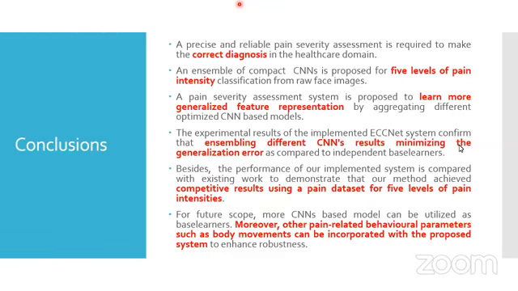This application is very important in machine learning and deep learning studies, and the application we have picked up is very crucial for the medical fraternity.